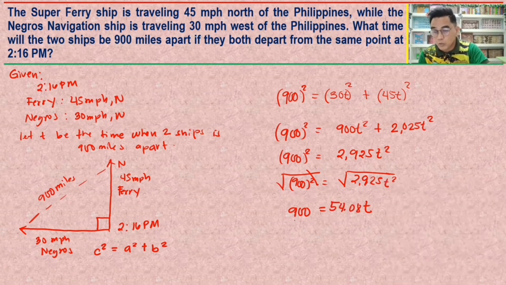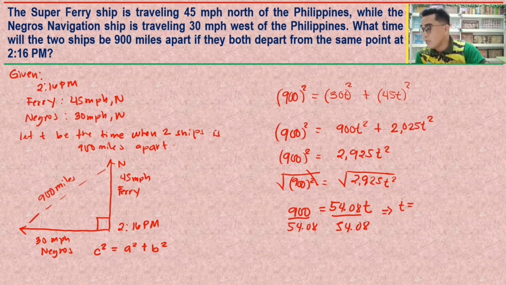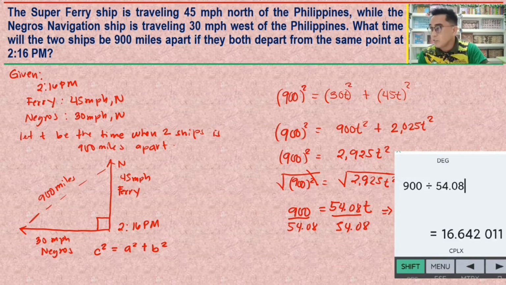Then we're going to divide both sides by 54.08 to get the value of t. And so, the t value here, or the time at which these two ships will be 900 miles apart, is 16.64 hours.